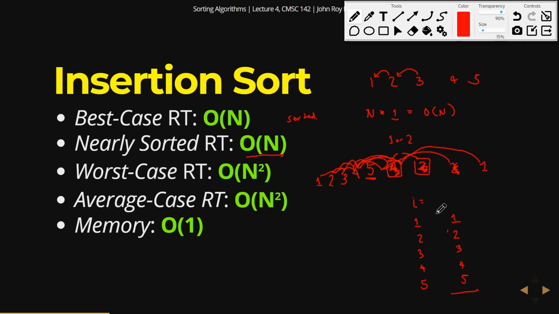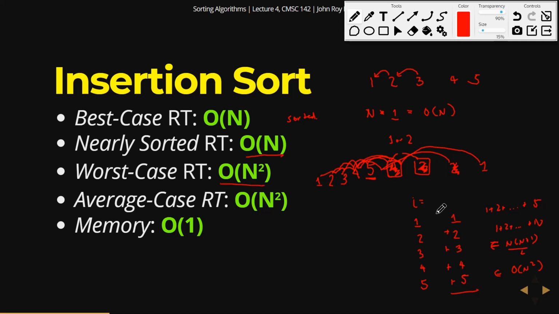If we add all of that together, this is 1 plus 2 plus all the way up to n, which is n times n plus 1 over 2, which is O of n squared. Okay, that's why the worst case is O of n squared.